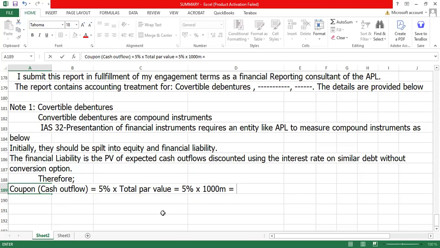If you use your calculator, that is shillings 50 million per annum. So that is our expected cash outflow.